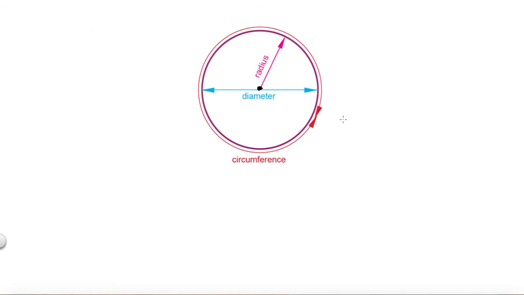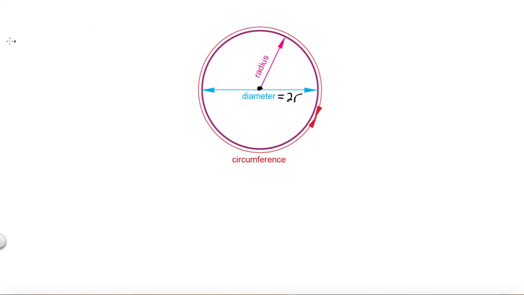Okay, so as we said, our diameter is equal to 2 times our radius. A very important fact when dealing with circles is that the ratio of the circumference to diameter is pi.